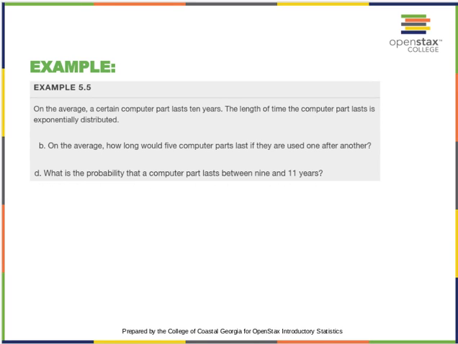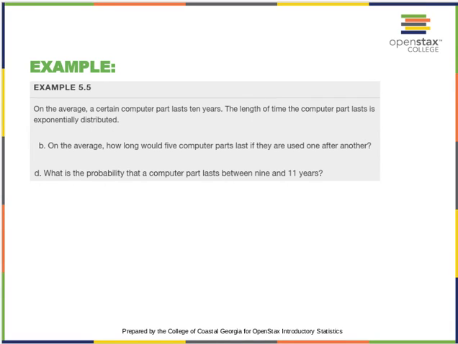Well, we've talked about expectations. We expect the mean to be true. They told us the mean is 10 years, and we are getting 5 of them, so we expect each to last 10 years. So we're going to assume that this will last 50 years. It's pretty straightforward.